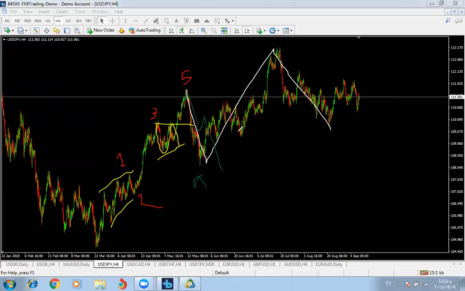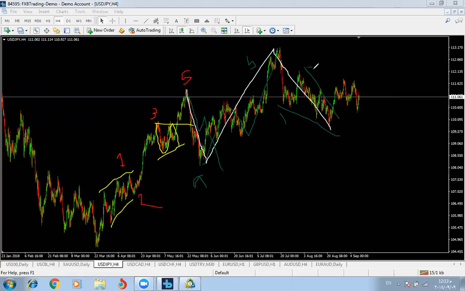Wave B is also in the form of 2 legs to the upside. This is A, B, C. And wave 5 is in the form of 5 contracting legs to the downside.